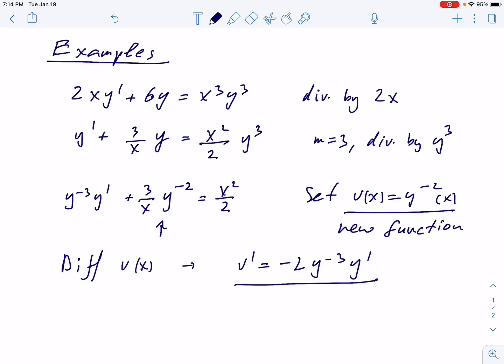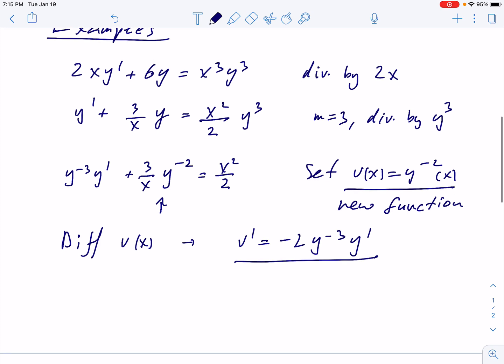So we differentiate by the extended power rule. Actually, this is using together the power rule and the chain rule. And now you can see this product y to the negative third times y prime appearing here. This is v prime divided by negative 2. Put this in the equation.